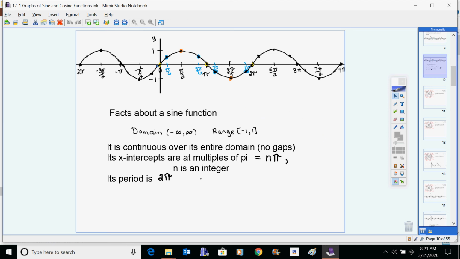However, the range never goes any higher than 1, and it never goes lower than -1. 1 is a value and -1 is a value, but it never goes any higher or lower than those two numbers. So the range is from -1 to +1 because it's bouncing around in between.